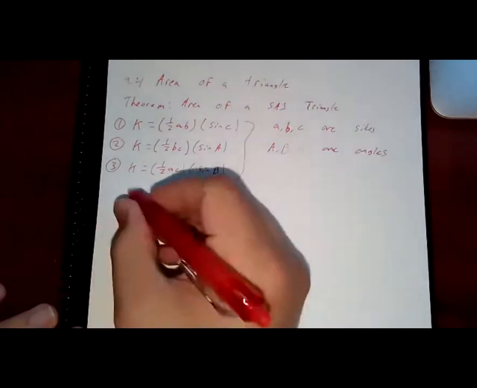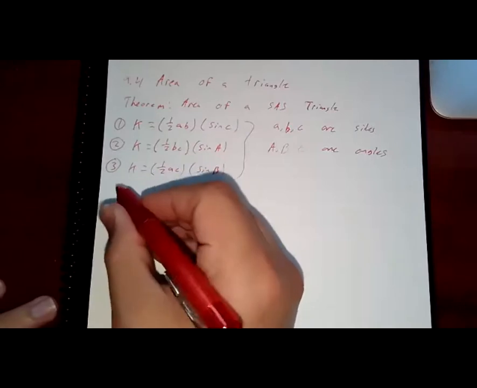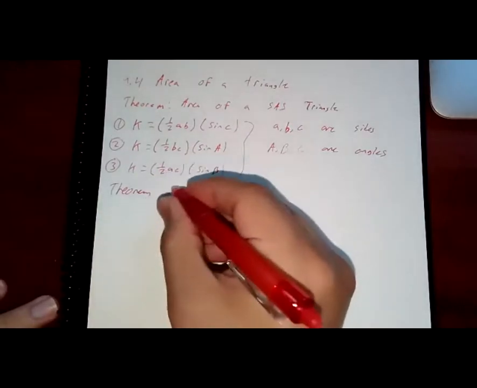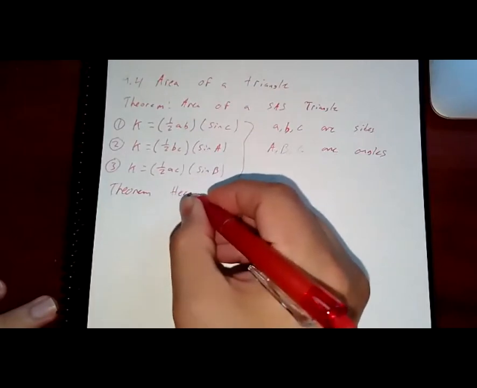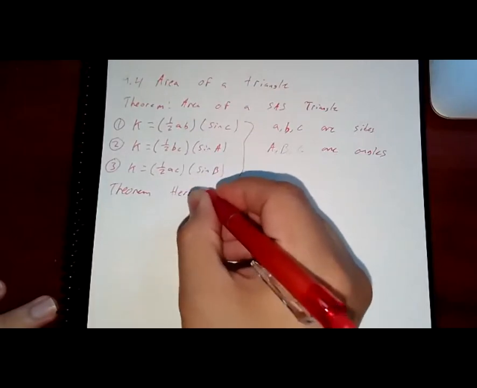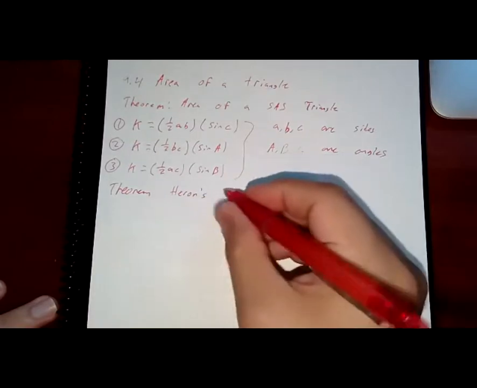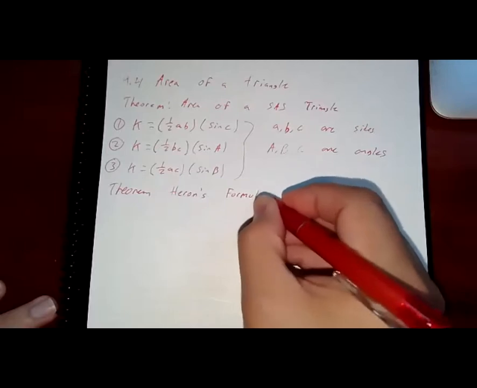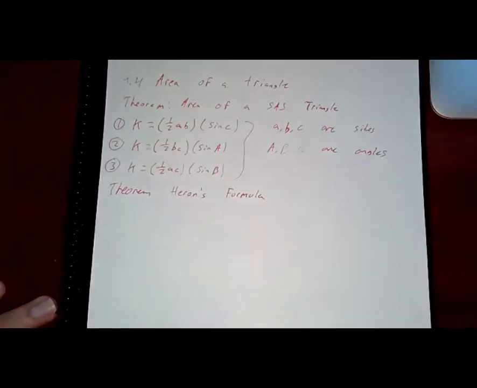The one I prefer to use is this formula, or theorem. At least my pre-cal teacher told me to pronounce this as Hero's formula, spelled Heron. I never checked it out, so he could have been lying to me for all I know.